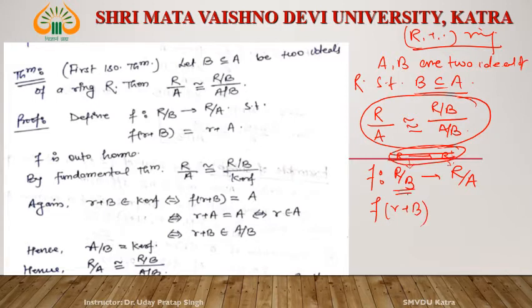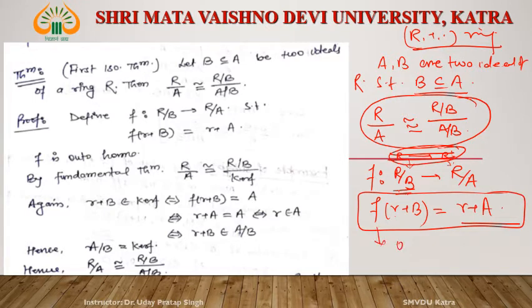This is the element r + B, and f of (r + B) is equal to r + A. Define f in this way and prove that this f is an onto homomorphism. Okay. So if this is an onto homomorphism, now how do you prove it? This is onto, see, by the fundamental theorem.